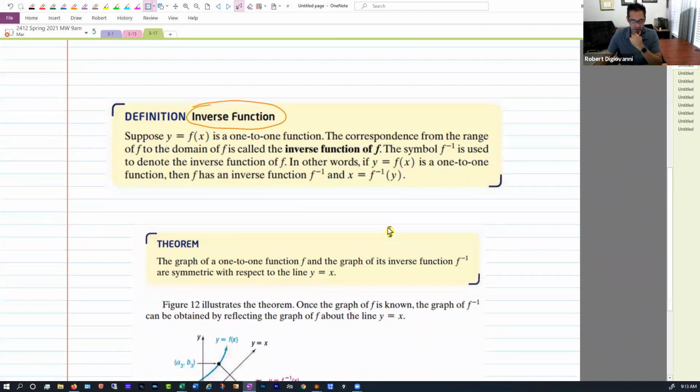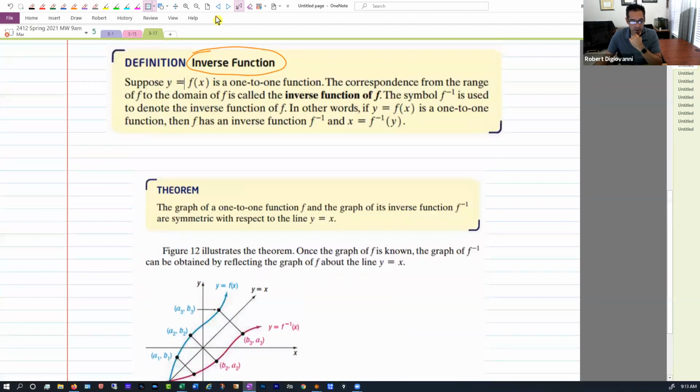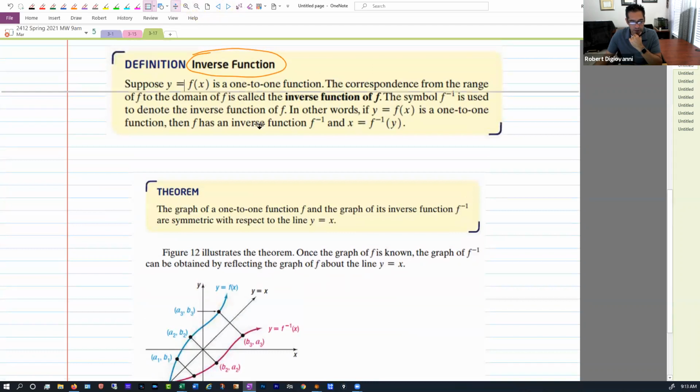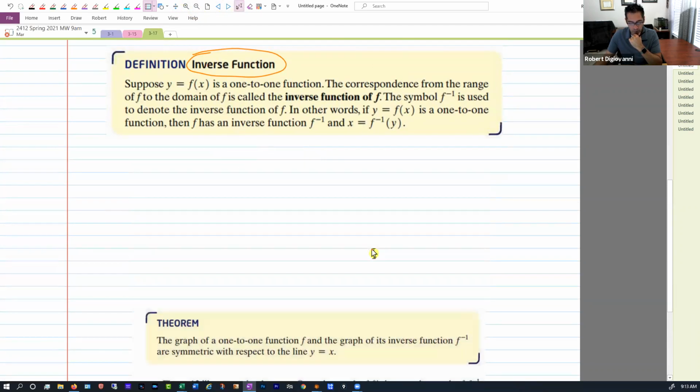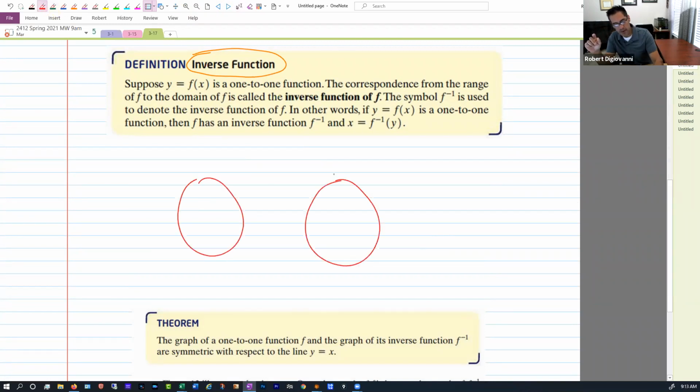Okay, so what is that all saying? It's just saying that if we have a function f that takes some value x through the function and spits it out to a y, and this is 1-to-1, then we know that y had to have come from x, because it's 1-to-1, it can only come from one place.